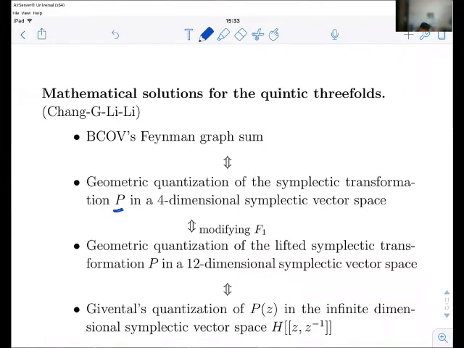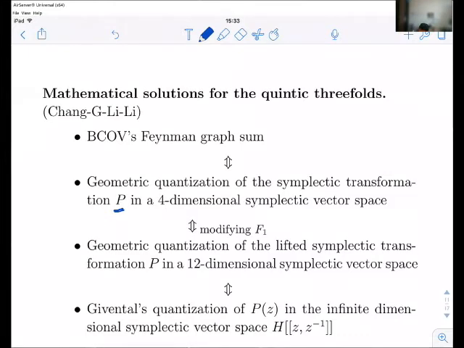So it means that we can define this quantization of this e to the F. So F is the generating function we already defined with some simple modification. And this will be a function of some coordinates we call x. And this will equal the geometric quantization, where the quantization operator is defined by some integration over the symplectic vector space.